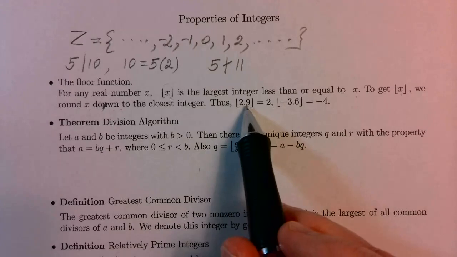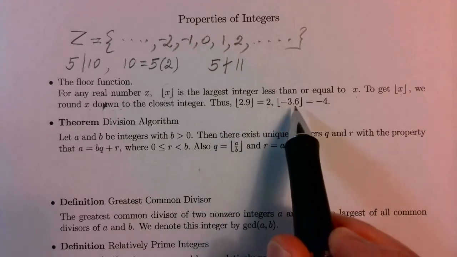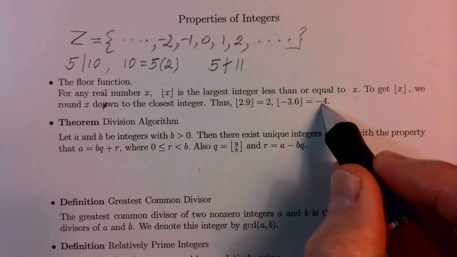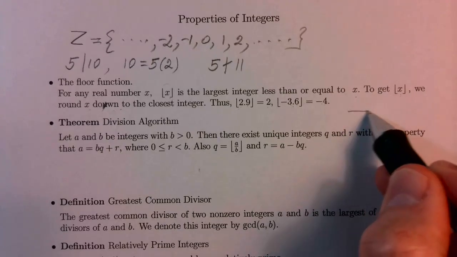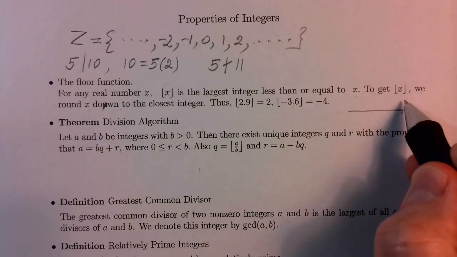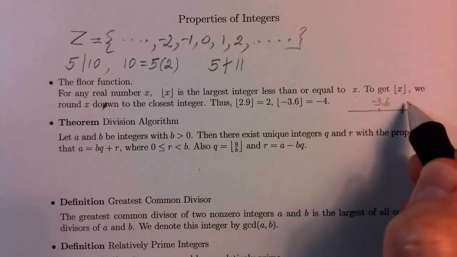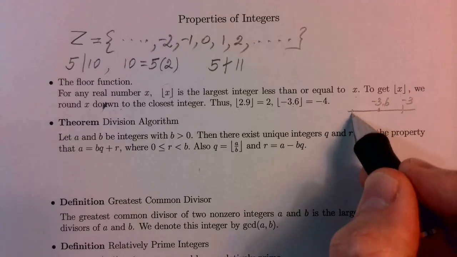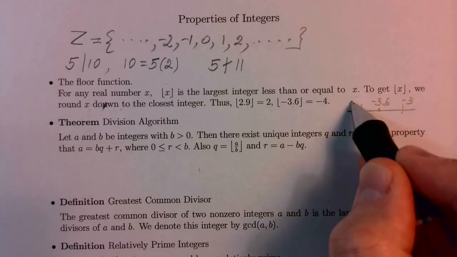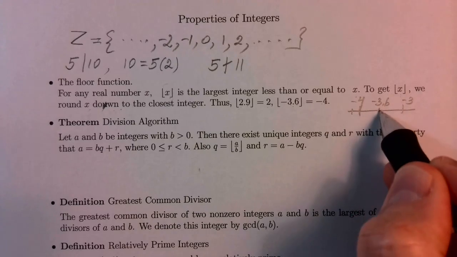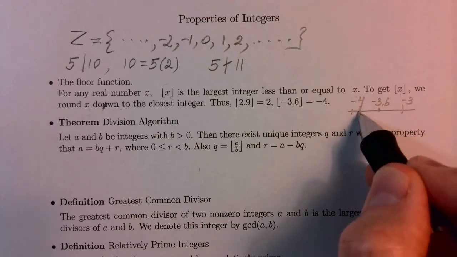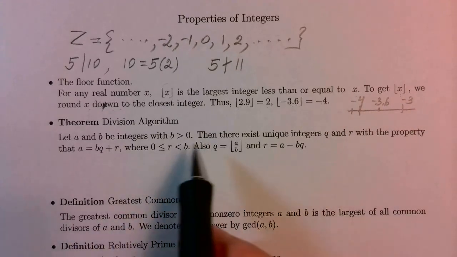For example, the floor of 2.9 is 2, the floor of negative 3.6 is -4, and this is because negative 3.6 is between -3 and -4.